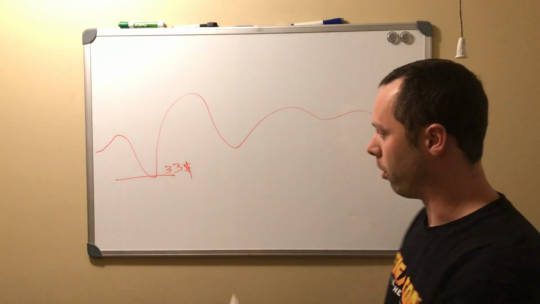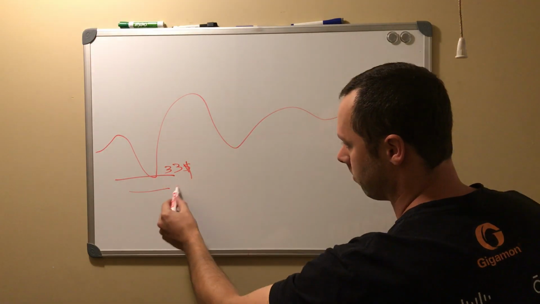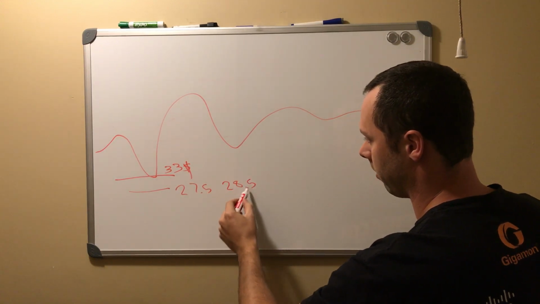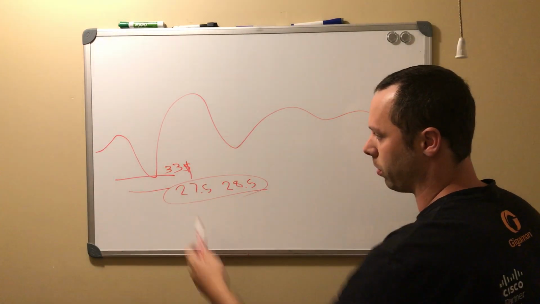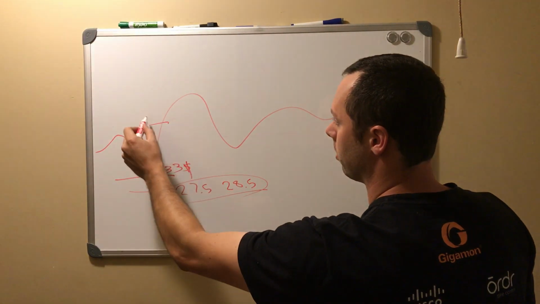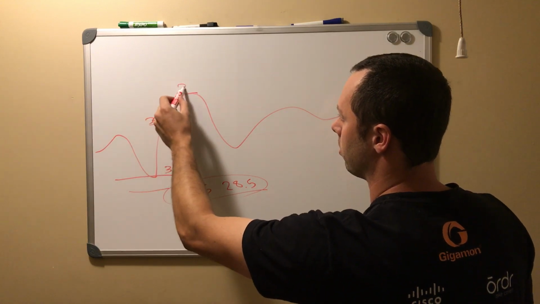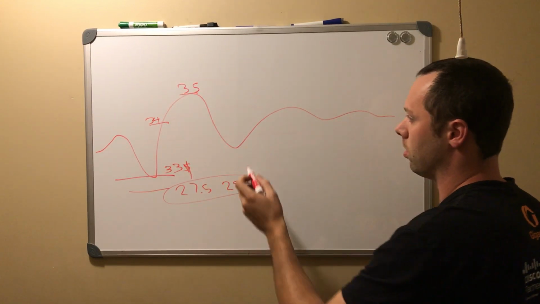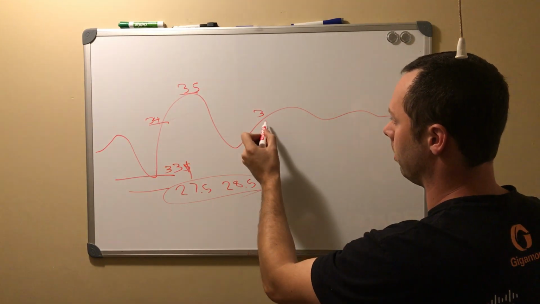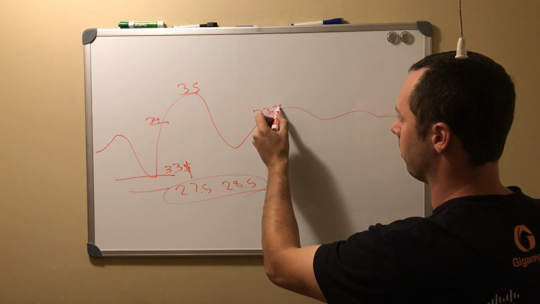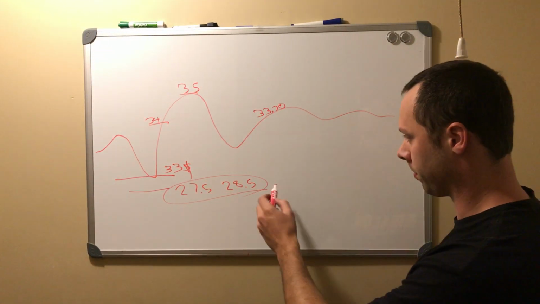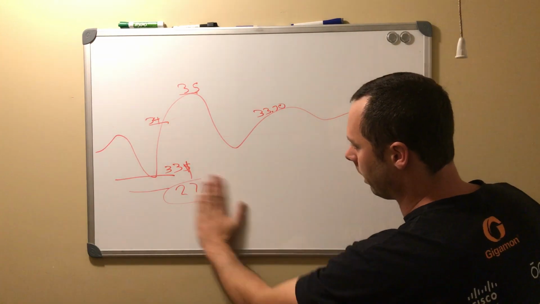Maybe it's been lower. It's been down here at 27.5 or 28, or it's been down lower, but whatever. We bought it at 33 bucks, and now here's 34, here's 35, and right now it's at like 33.70 or something. I don't know. It's a Sunday. I haven't looked. Either way, doesn't matter.